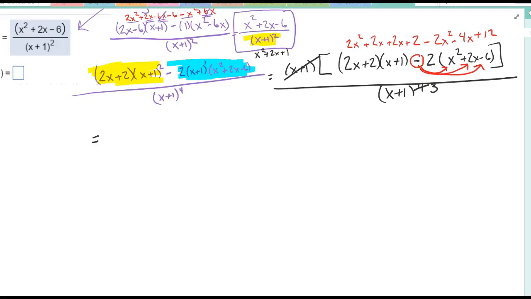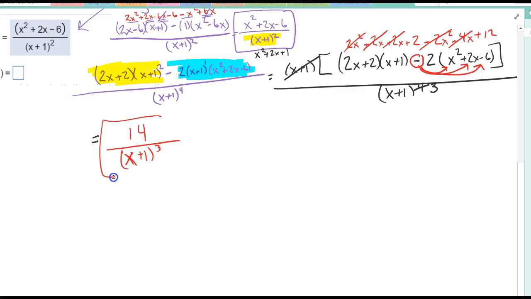So simplifying, we have a plus 2x, a plus 2x, and a minus 4x, so those are going to cancel. I have a 2x squared, minus 2x squared, those are going to cancel. So I end up with 14 in the numerator over the x plus 1 quantity cubed.